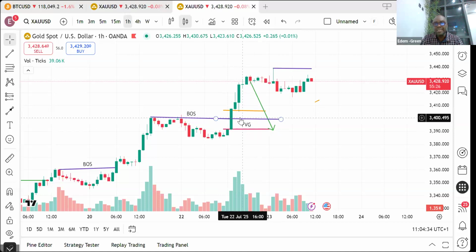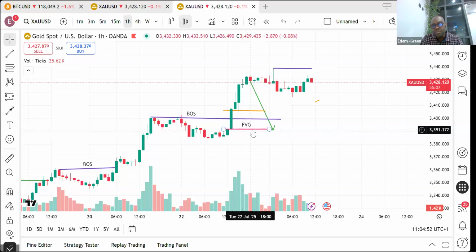In such a fair value gap, when you are on an upward trend, you identify your premium high zone or band, which is marked by this orange or yellow line, and then the discount low band, which is marked by this red. I changed these colors for illustration purposes.